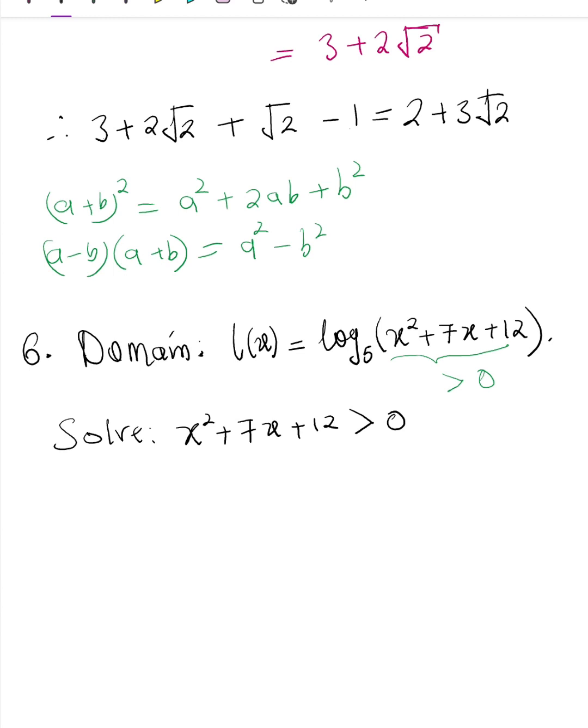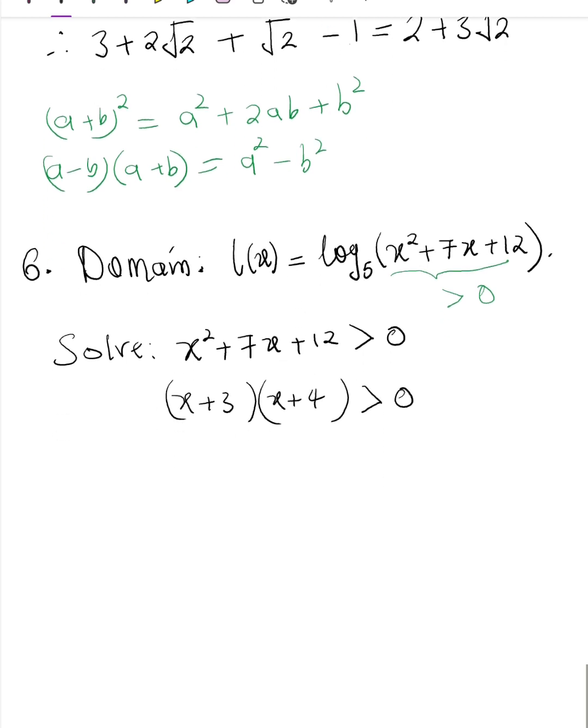Now we are going to factorize the left side. The sum is 7x and the product is 12, so I have 3 and 4 as factors. So I have x plus 3 and x plus 4, which is greater than 0.